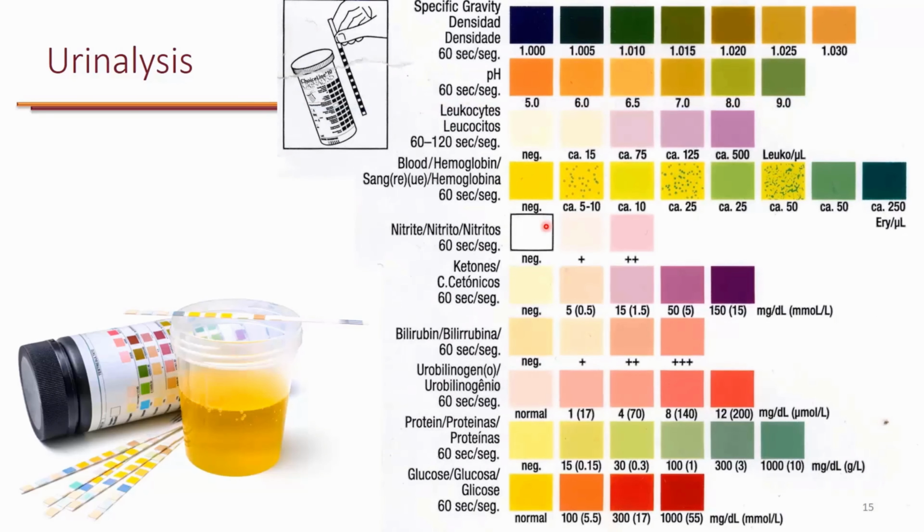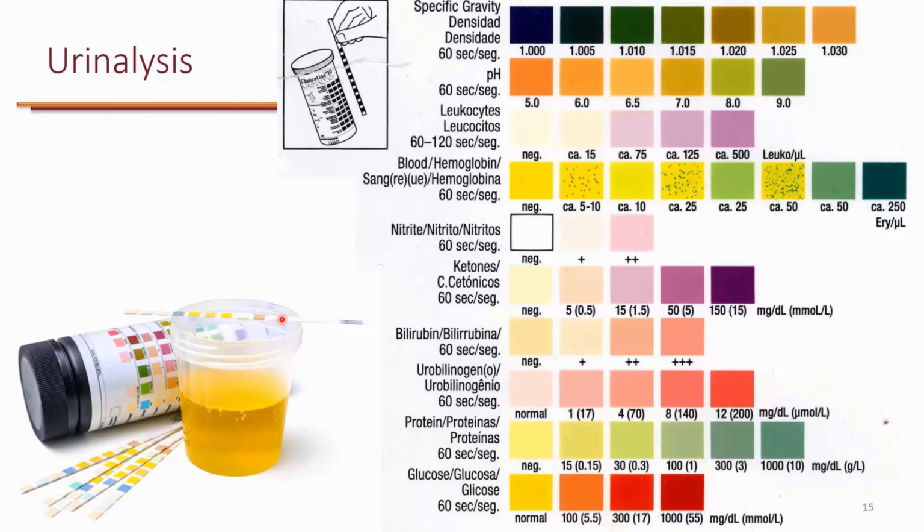And you don't need to memorize this or anything. It's just for your information. But basically, based on the color, they will tell you the results of the UA, or urinalysis. So I'll give you one example. One thing that they look for is the presence of nitrite.